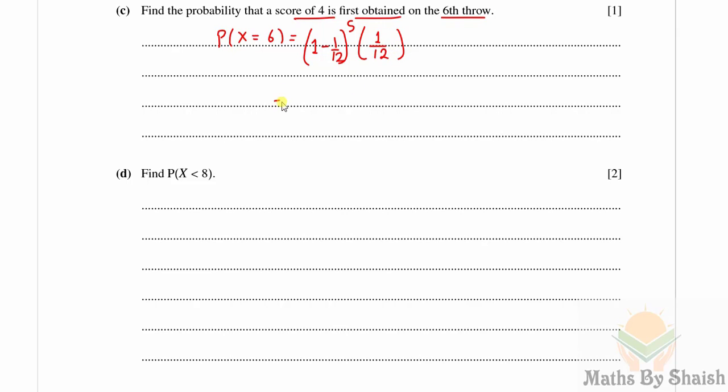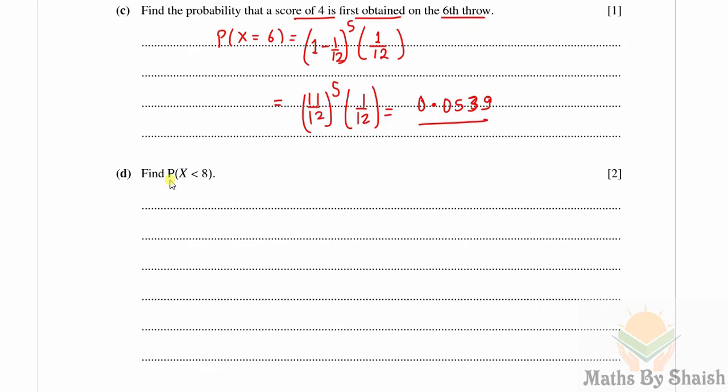So it is 11 over 12 to the power 5 into 1 over 12, and when we calculate, this is 0.0539 only.